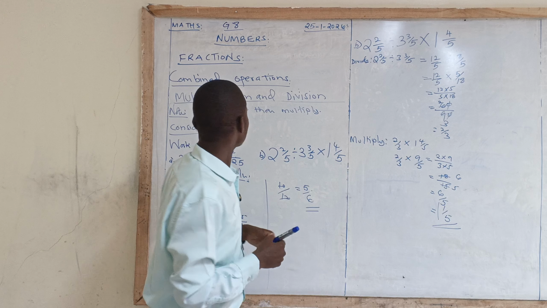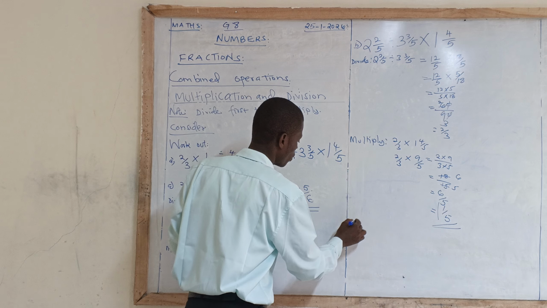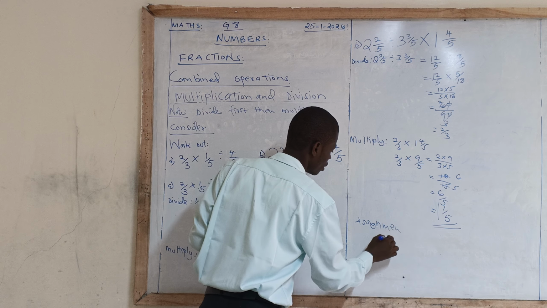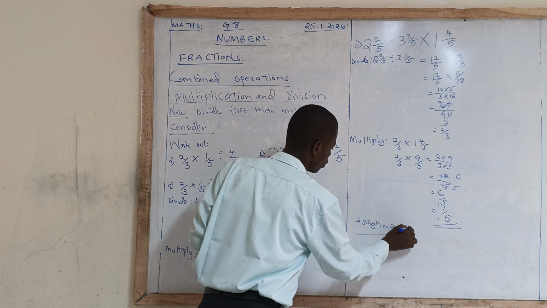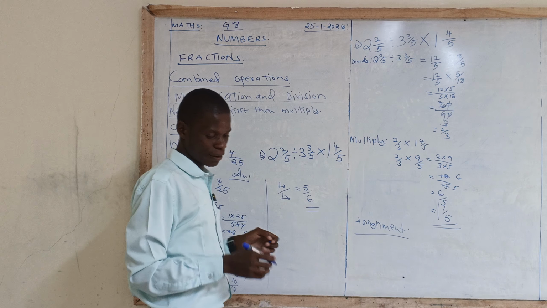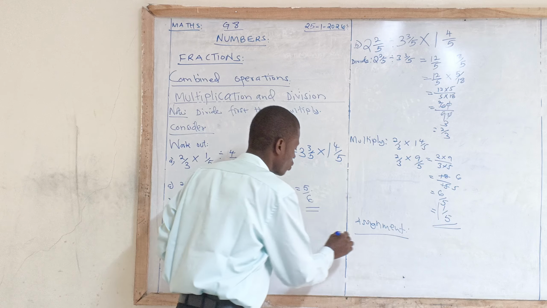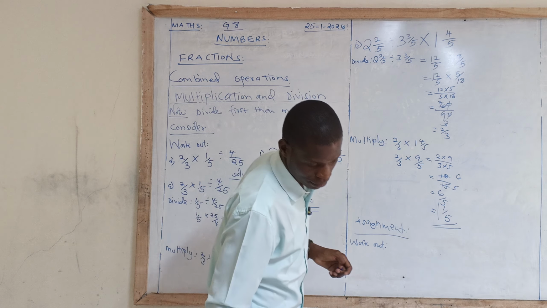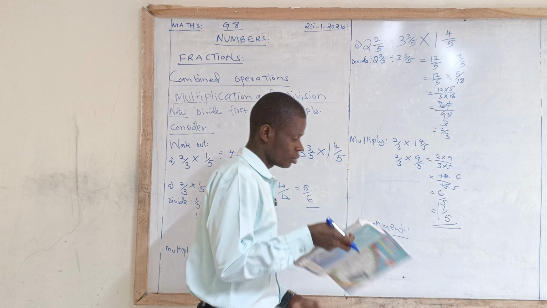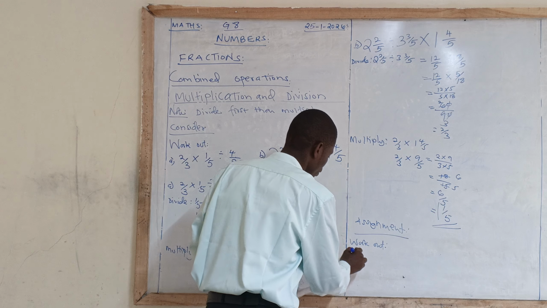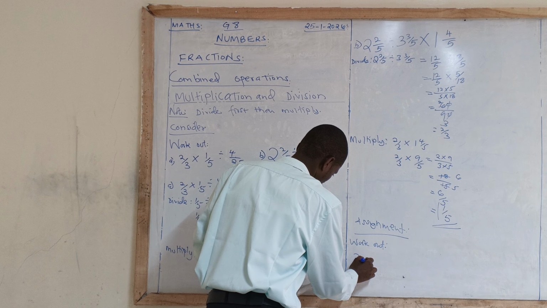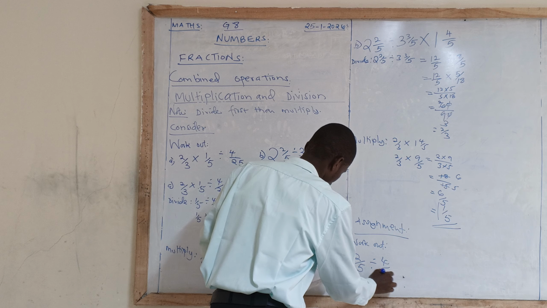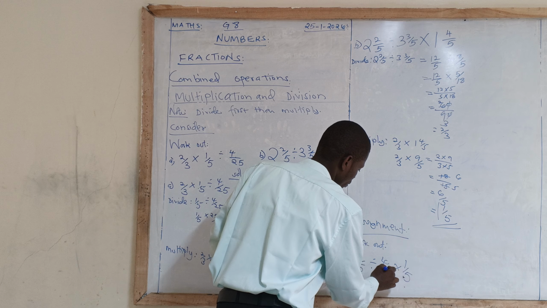Now, I want you to just do for me one assignment, only one assignment. Work out, what do you have? 2 over 5 divided by 4 over 5 times 1 over 5.